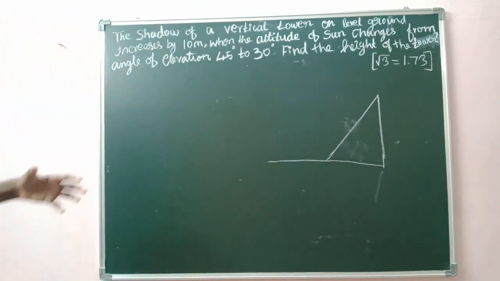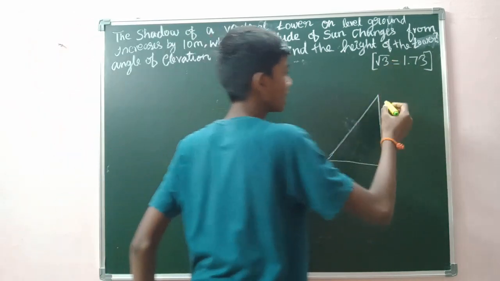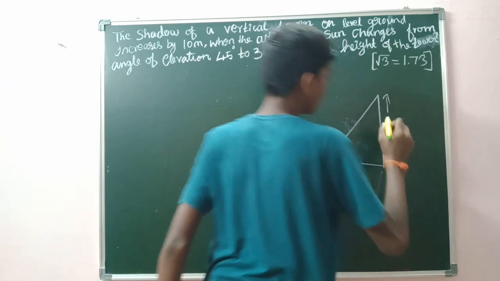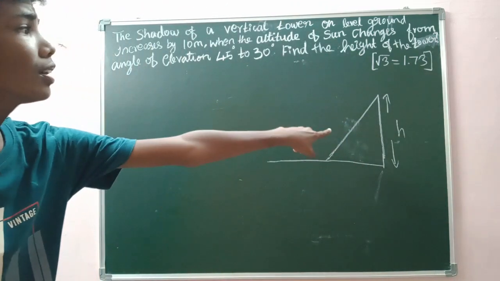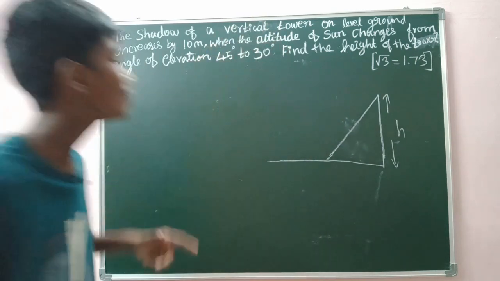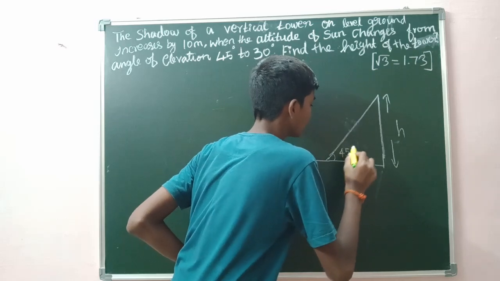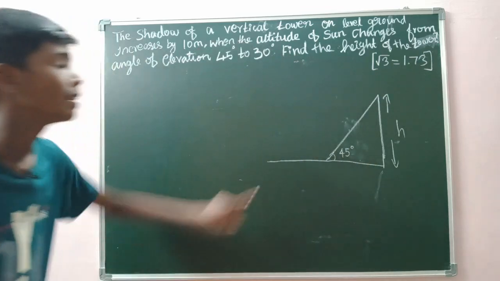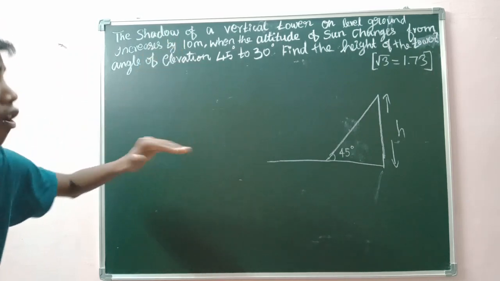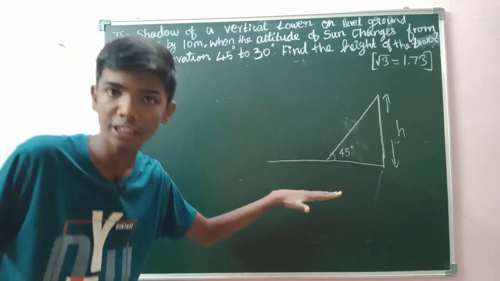Initially, the shadow of this particular tower, let me say this is a tower and let the height of this tower be h. So the tower of height h, initially the shadow makes an angle of elevation 45 degree. That is what is given in the question, correct or not? Initially, the shadow makes the angle of elevation 45 degree with the horizontal line or the level ground.